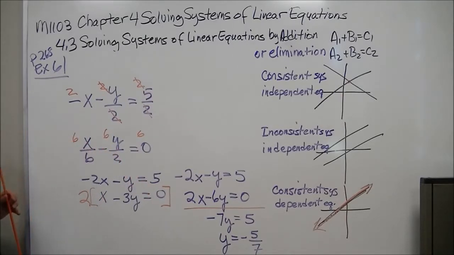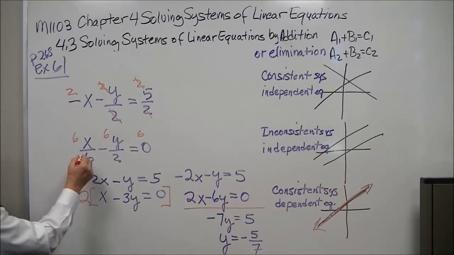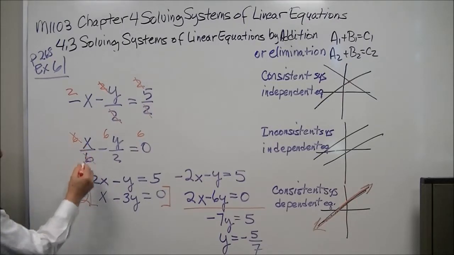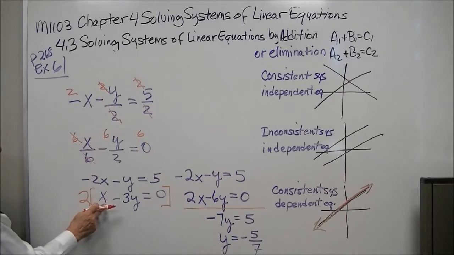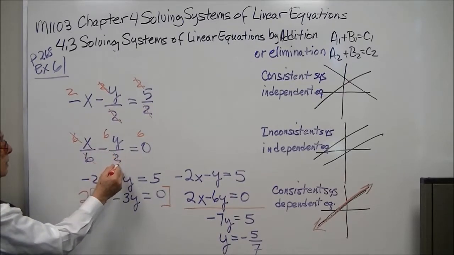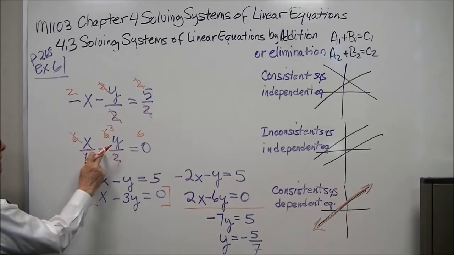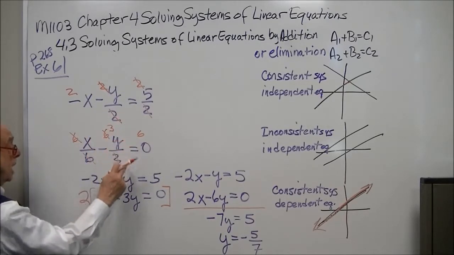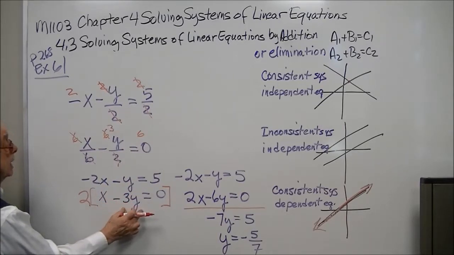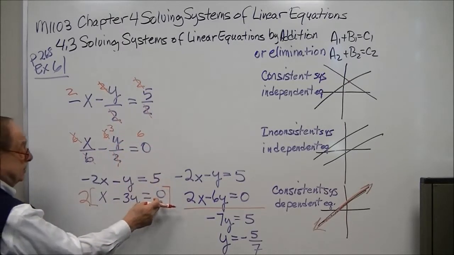Now in the second one, our lowest common denominator was a 6, so we're going to multiply everything by 6. So here the 6 cancels out, and we get an x. Here 2 will go into there once, 2 will go into there 3 times, so we get a negative 3y. And then 6 times 0 is 0.